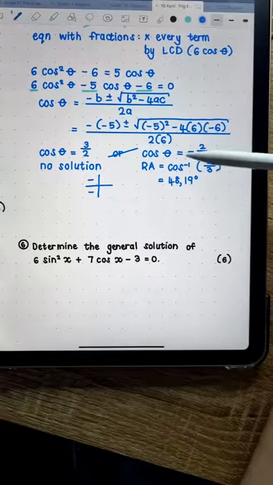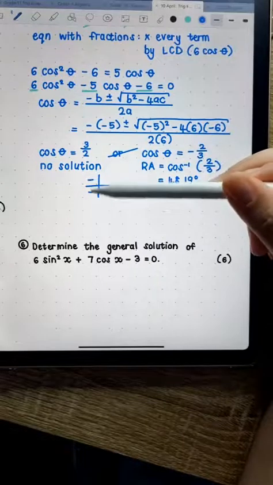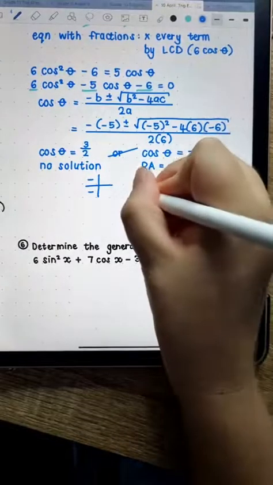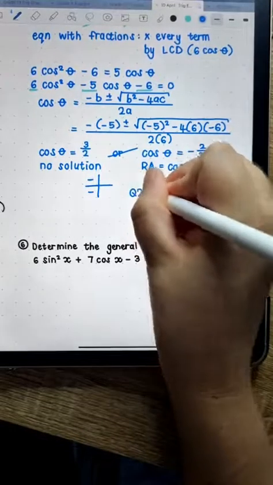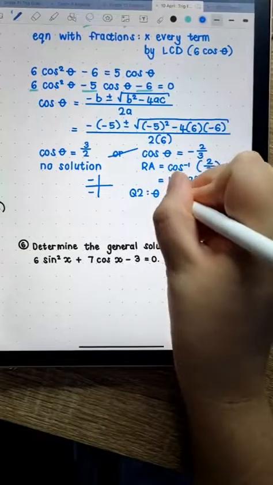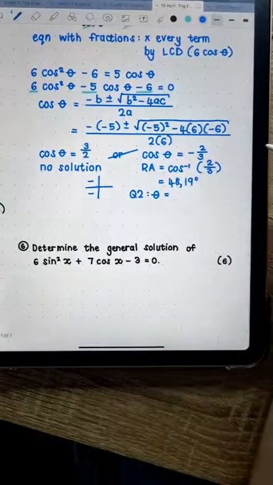To bring that negative into the mix, we're going to work in the quadrants where cos is negative. So we're going to have a quadrant 2 solution. What is my angle in this equation? Theta equal to, what do we do in the second quadrant again?